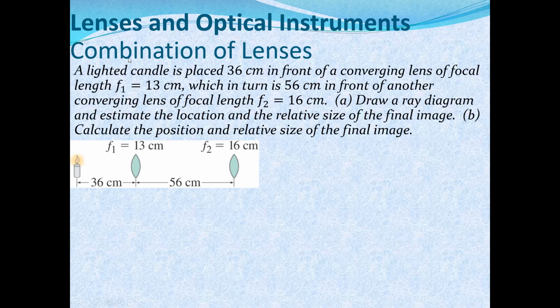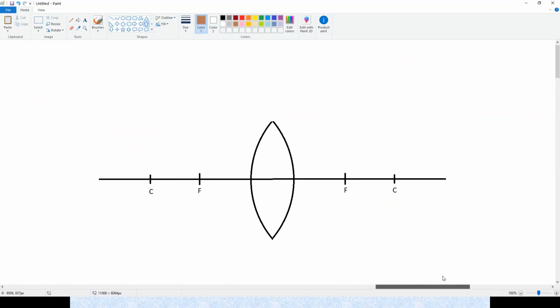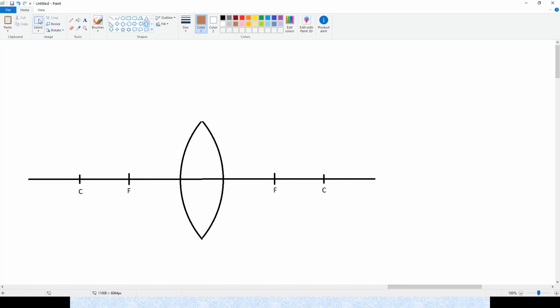All right, so similar thing here. I'll try and make another one of these diagrams. So let me copy this real quick.